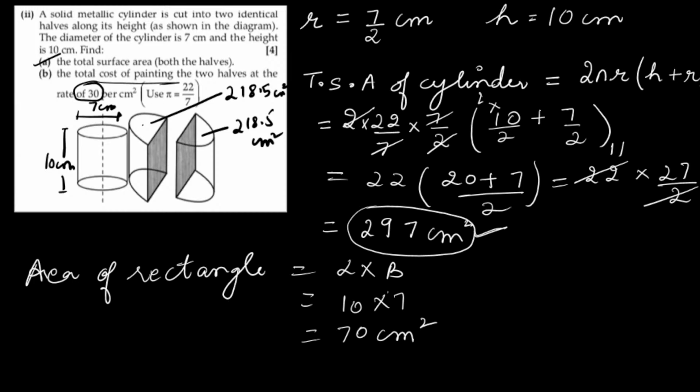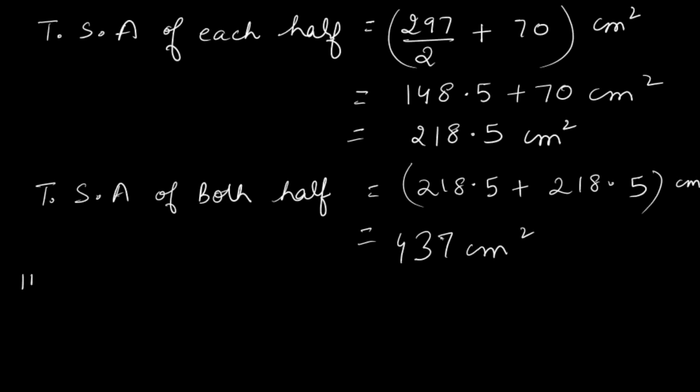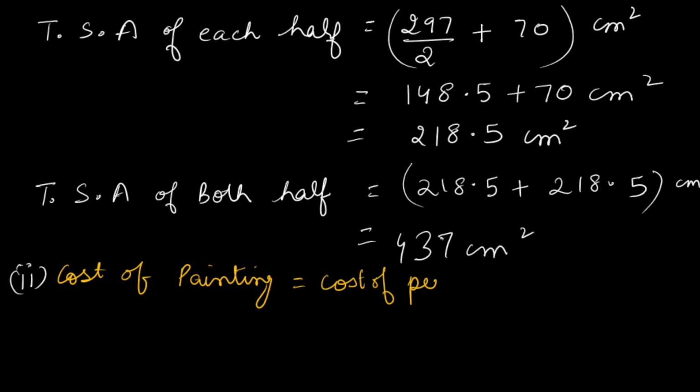So 30 you will multiply with the total area. So total cost of painting is equal to, this is the second part, cost of painting is equal to cost per centimeter square into total surface area.